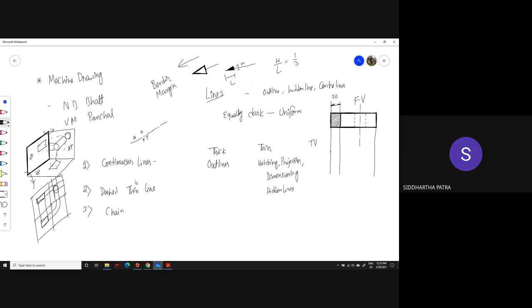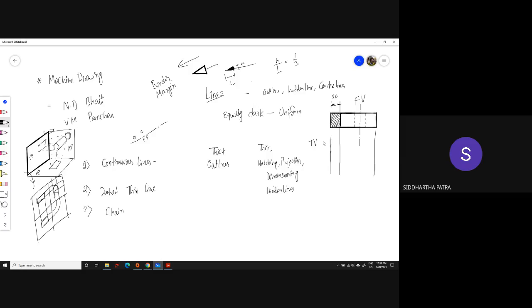So for that you need to consult your textbook. Obviously while you are drawing, you are not always able to keep the same ratio. But at least it should not look totally off from what it is supposed to be. It should look close to what it's supposed to be.